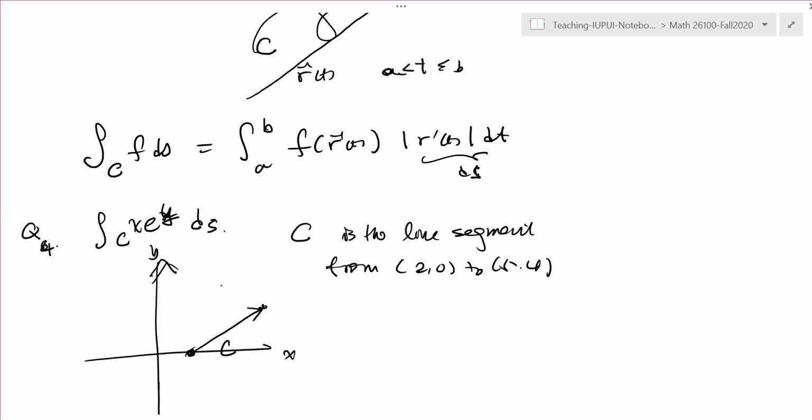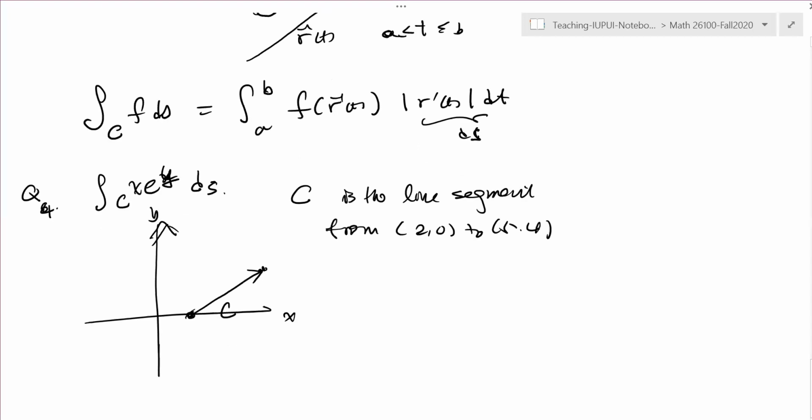First of all, we have to find the parameterization, the vector equation for this line. The trick is that this is the first vector, 2, 0, plus t times the last vector minus the first vector.